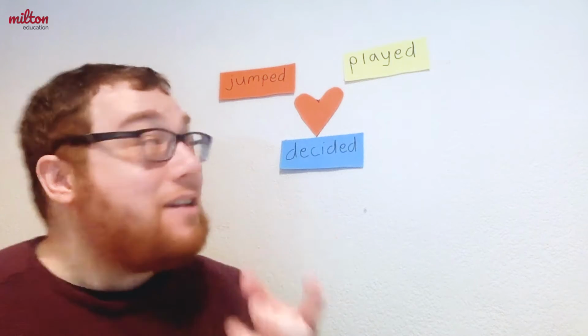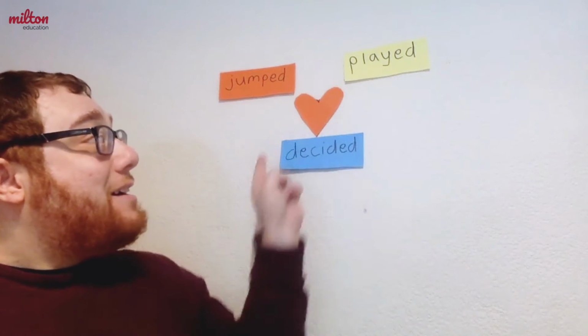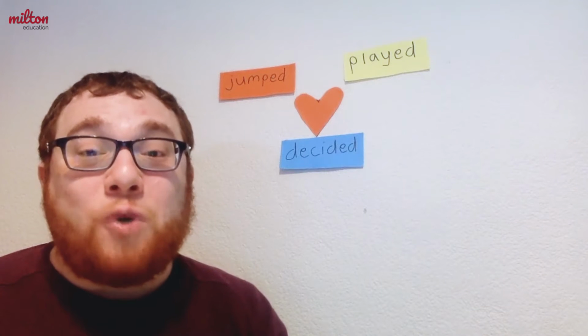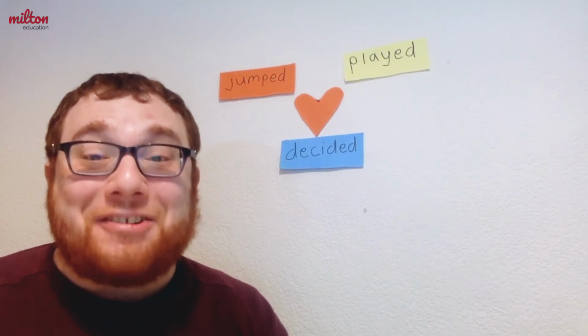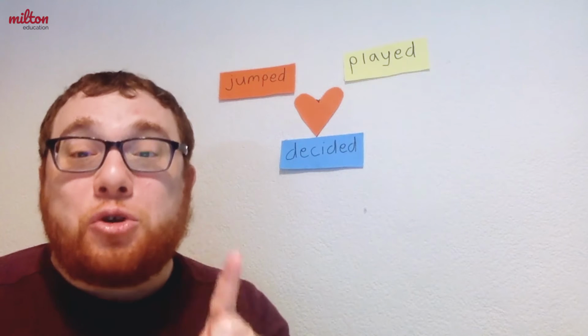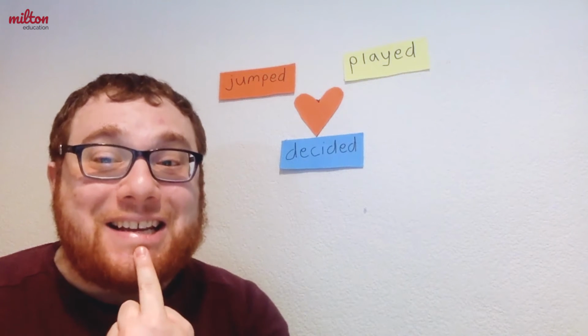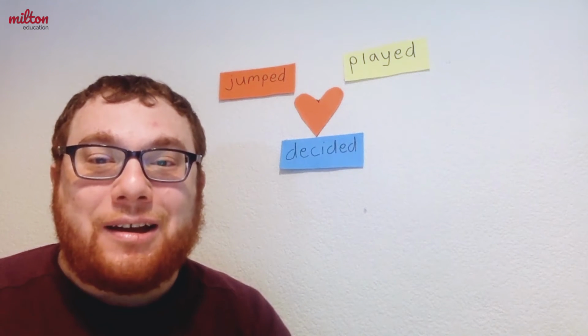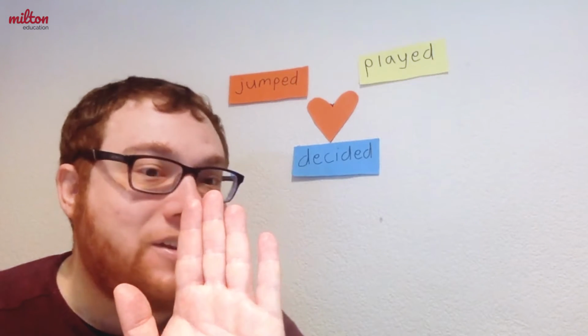In fact, there are 3 different groups of pronunciation for the final ED letters in past simple verbs, and each group pronounces the ED letters in a slightly different way. But don't be scared.